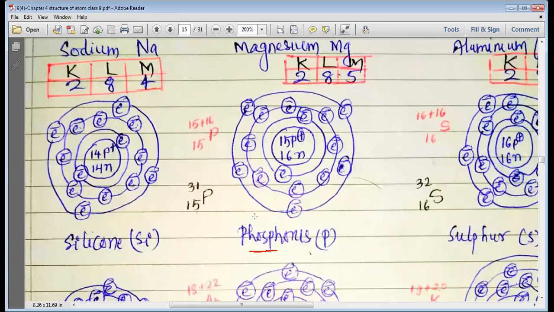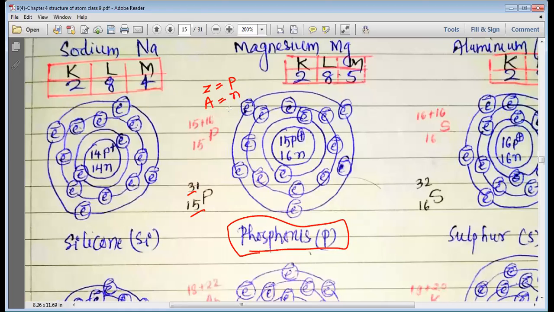We know that an element has got atomic number, and an element has got atomic mass number. The atomic number is represented as Z. The atomic mass number is represented as A. Z is equal to the number of protons, and A is equal to the number of protons plus number of neutrons.